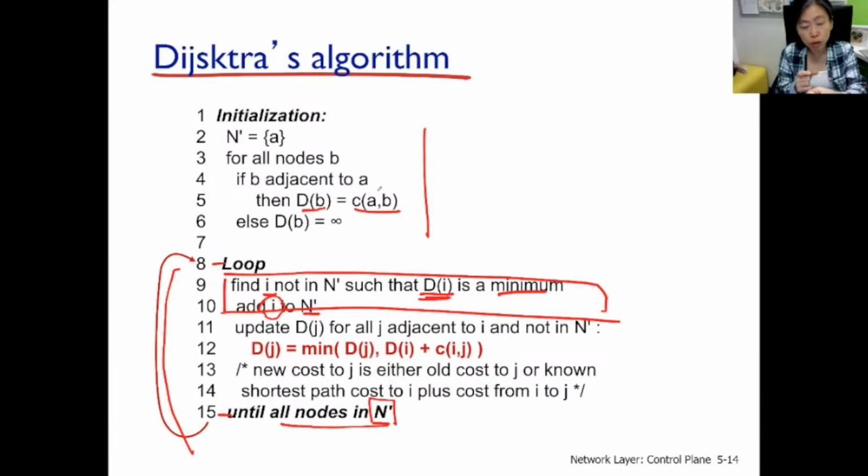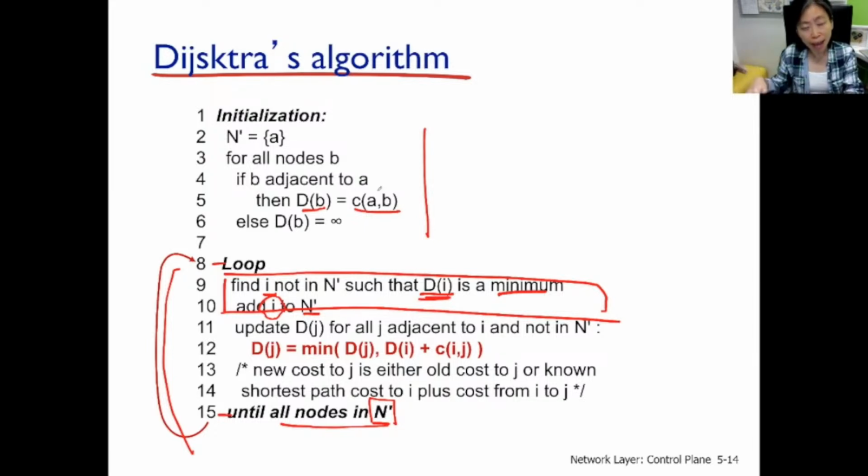The node with the smallest link cost to the source into the N prime set. Is that making sense? Is the shortest distance to that particular node exactly that? Is there a way to discover another path to that node that is going to be lower than the link cost between A and I? Not possible, right? Because all the other links cost is higher.